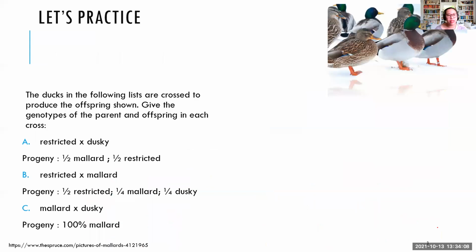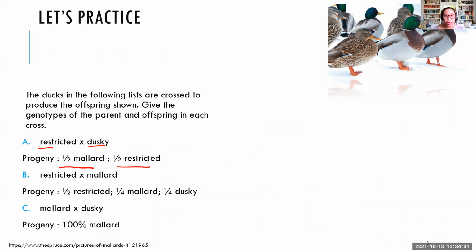Okay, so let's try this. The ducks in the following list are crossed to produce the offspring shown. Give the genotypes of the parents and offspring in each cross. So you have a restricted and a dusky parent, and the progeny produced are one half mallard and one half restricted. What could be the probable genotypes of the parents?